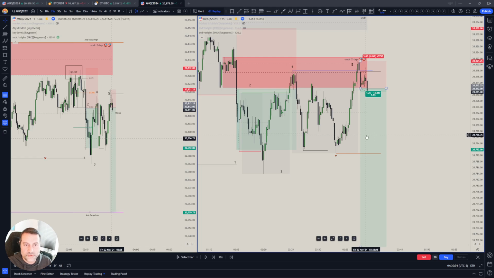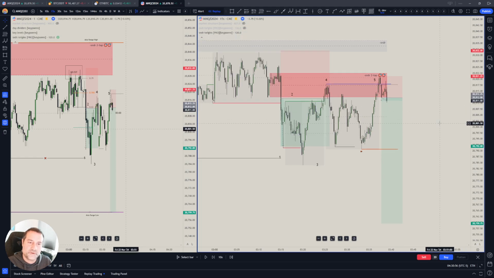The other thing you need to remember is that these moves happen at specific times. 3:30 is a time where you want to check what's happening, but we had a failure here, and 3:30 actually pushing up.